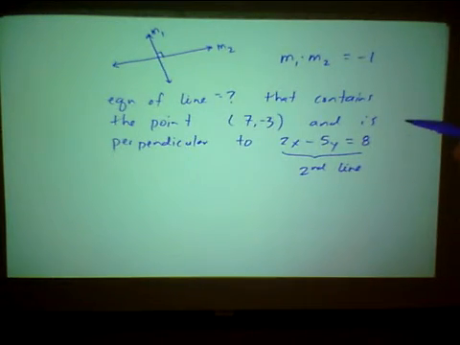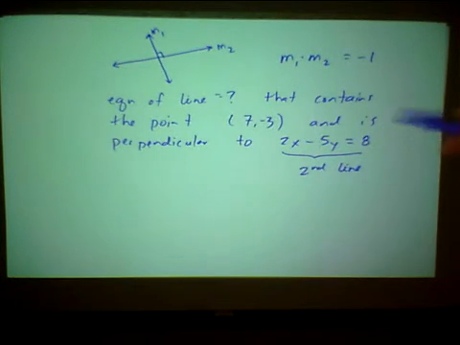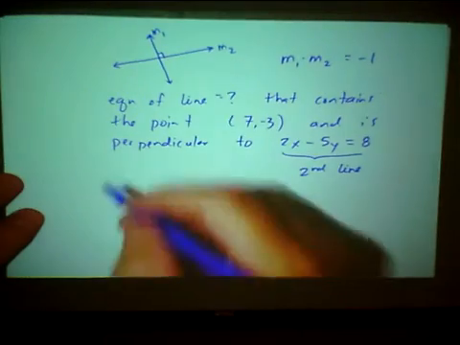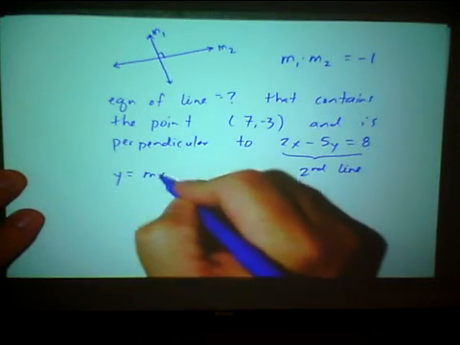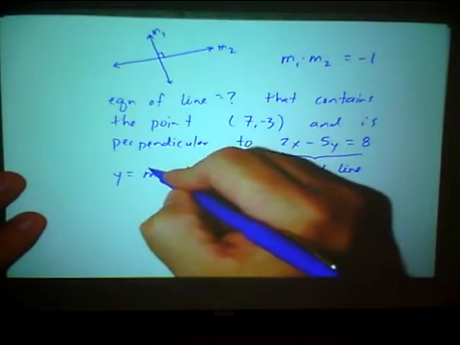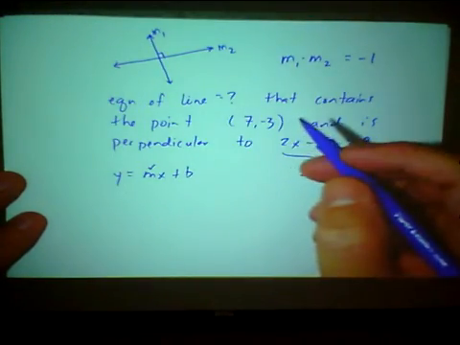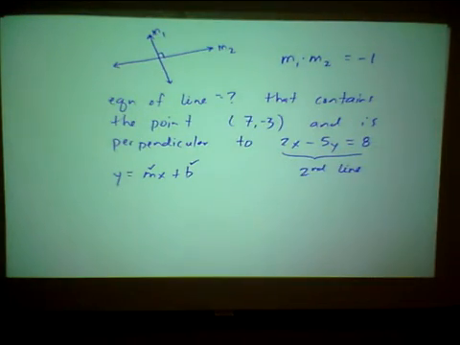So they've told me for the line I'm trying to find the equation for, they've given me a point, and they told me that my line is perpendicular to this second line. So once again, if I'm trying to find the equation of a line, the starting place is the slope-intercept equation. And I need to find two things: the value for the slope, which is m, and the value for the y-intercept, which is b.